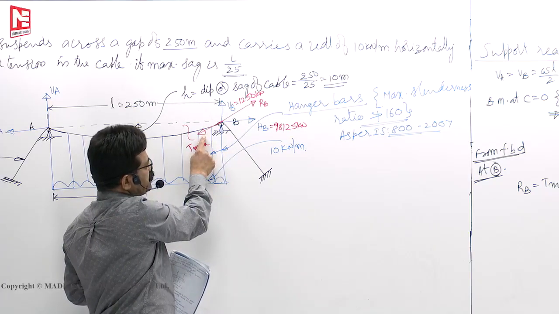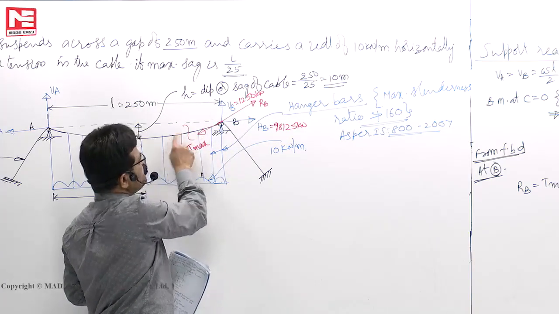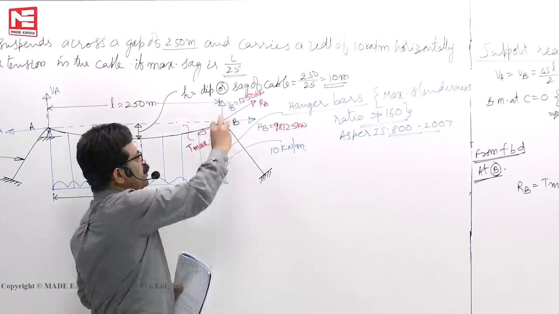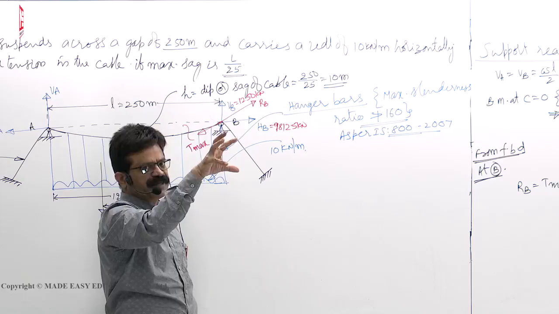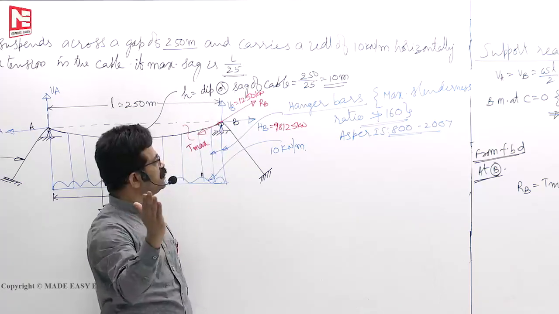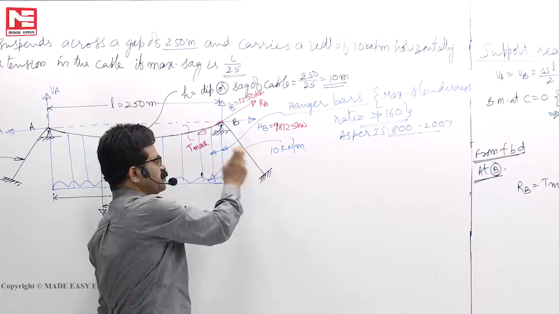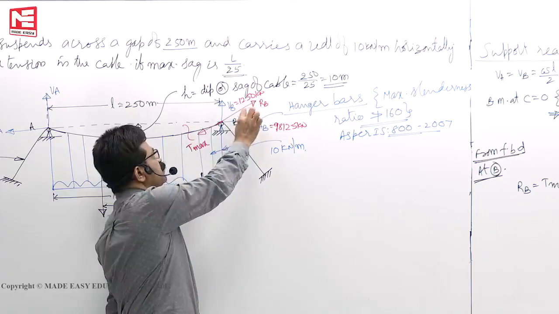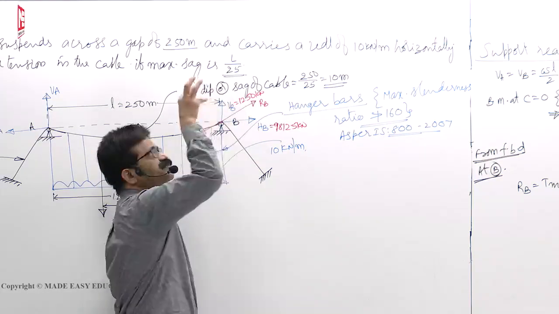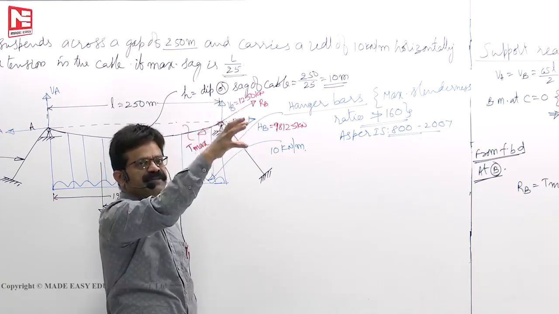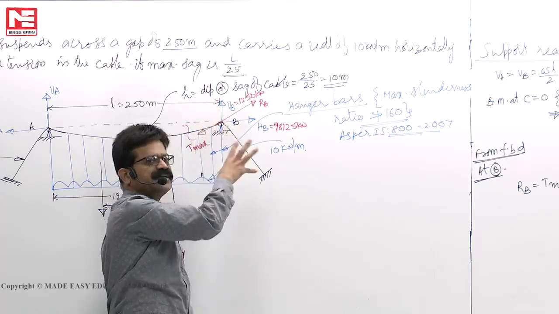This arrow mark is the force exerted by this cable. We are drawing the free body diagram of B, excluding the anchor cable: VB, HB and T max, only this we have taken because our interest is only in the main cable.